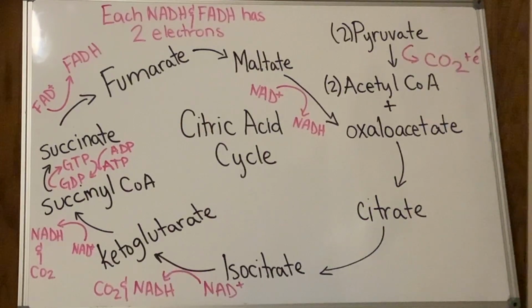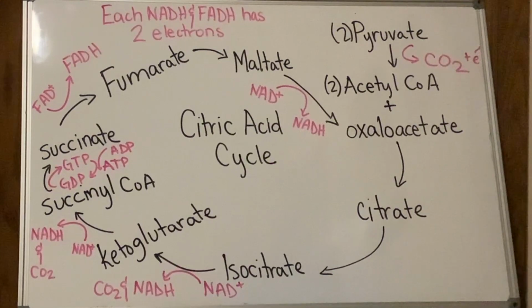And finally, in the conversion of malate to oxaloacetate, we form our last NADH molecule. Each citric acid cycle creates 1 FADH2 in the conversion between succinate and fumarate. Each NADH and FADH2 has 2 electrons attached to it.